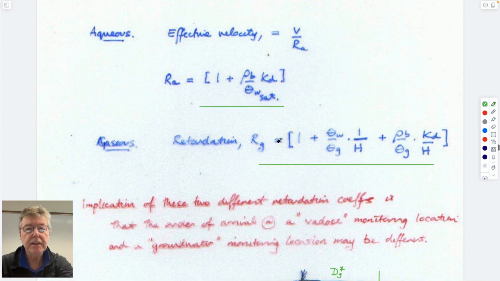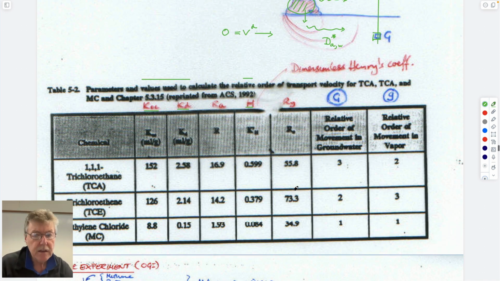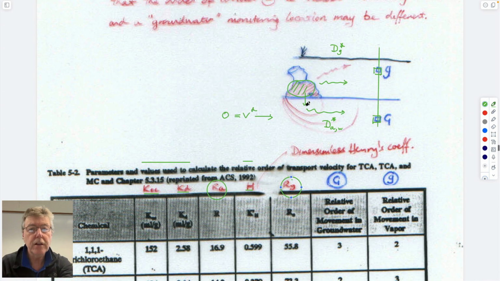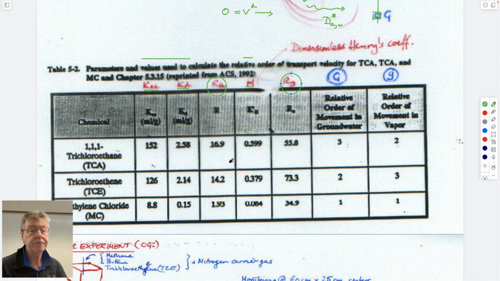And if we have each of these pieces of data, and we have some information on the volumetric water and gas constants, and some data about the density of the aquifer, which doesn't change very much, we can calculate what each of the aqueous retardation coefficients are and the gaseous retardation coefficients. So if we calculate what each of these values are, then we end up with these numbers here.